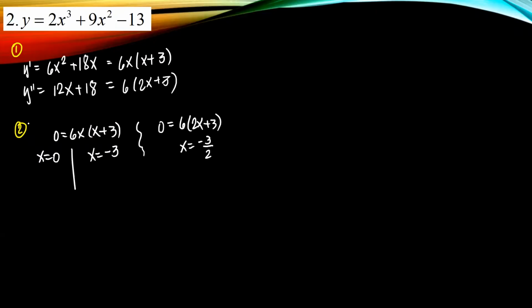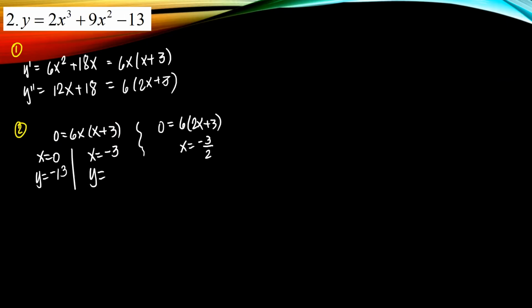Okay? So, you already solved for the x. But what we need to solve for is also the y. Why? Because it's a point. It has to have both x and y. So when x is 0, let's substitute it back on top. Okay, y is negative 13. If x is negative 3, guys, negative 3 cube is negative 27 times 2 is negative 54.